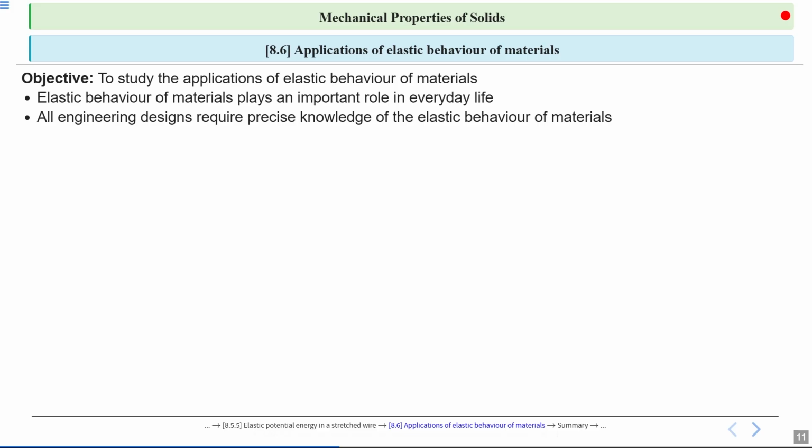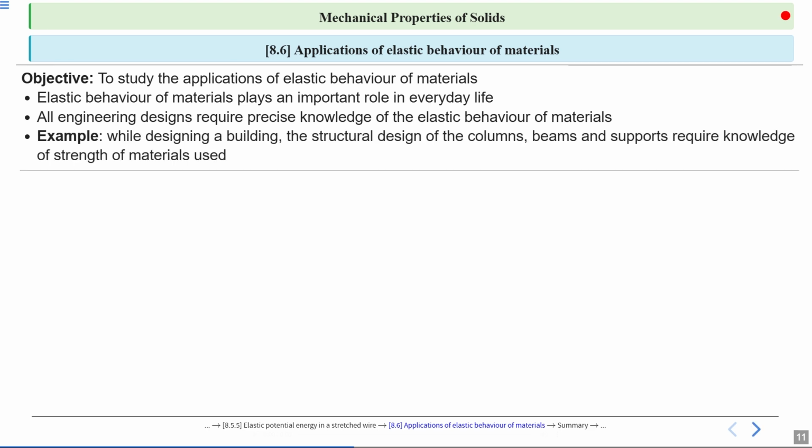Engineers need to predict how much a bridge will bend under cars or how much a spring will stretch in a machine. For example, when designing a building, engineers must calculate the strength of columns, beams, and supports. They use information about the elastic properties of materials like steel and concrete to make sure the structure can handle loads without breaking or deforming too much.